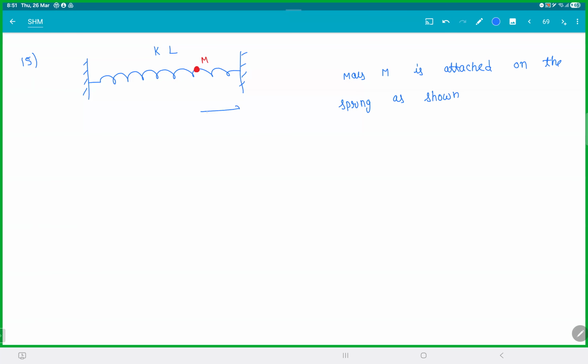So this distance will be 0.2L and this distance is 0.8L. If it is displaced along the spring, find the time period. If it is displaced left and right, what will be the time period?